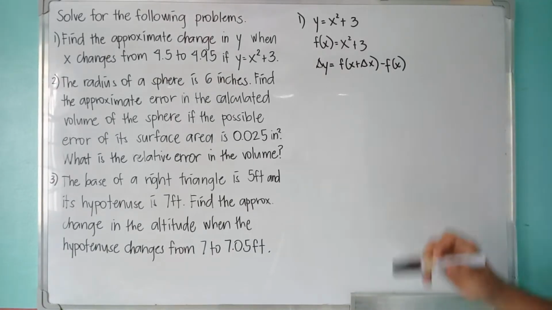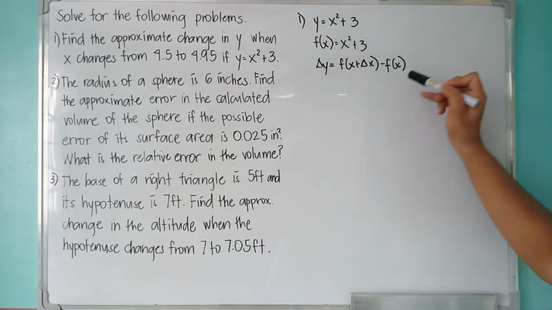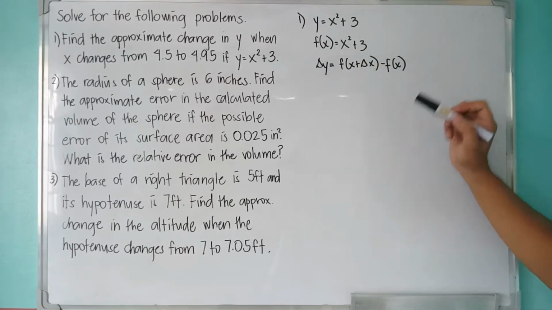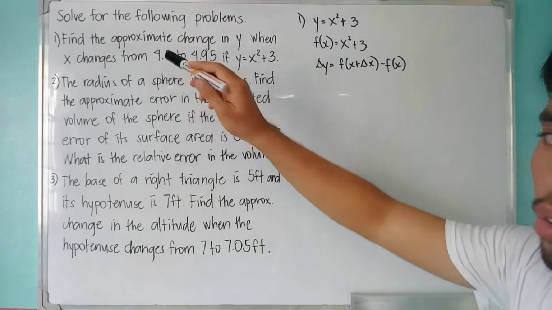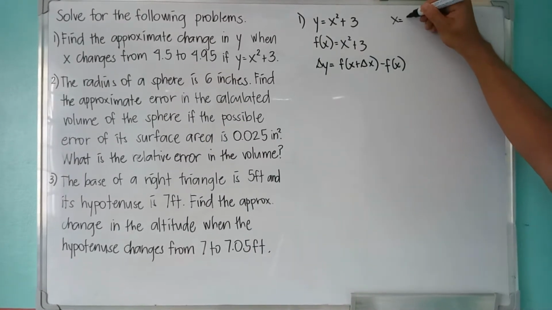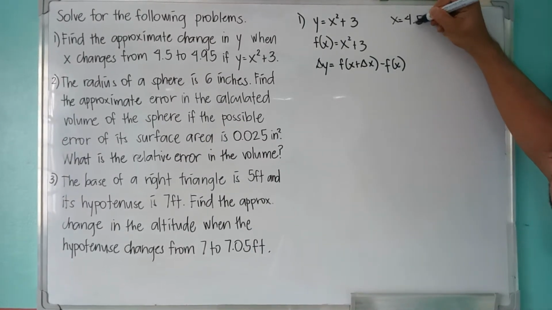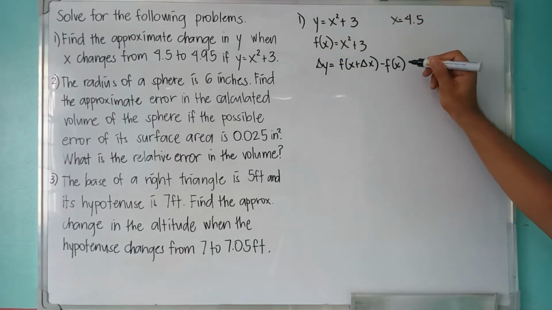So, una natin gawin, kunin muna natin si delta x para meron tayong substitute dito sa formula natin. So, from the given function, i-assume natin na yung value ng x natin is yung original, which is yung 4.5. So, x is equal to 4.5. Yan yung gagamitin natin dito sa pagkuha natin ng change.